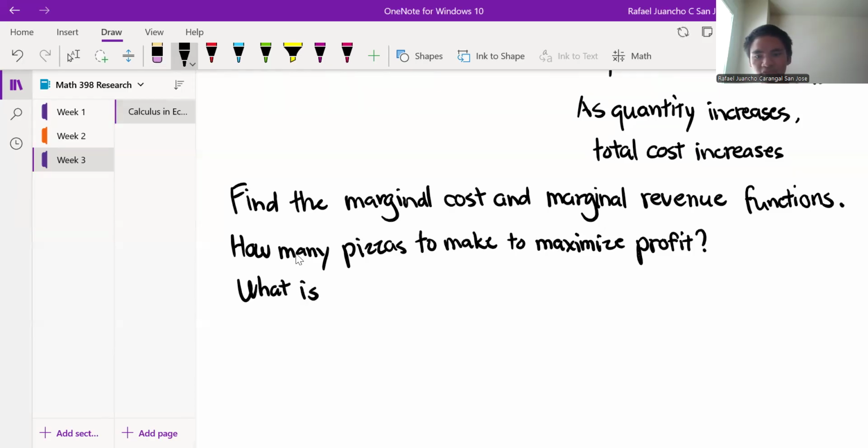So here we determined the quantity, right? How many pizzas to make in order to maximize profit. And if we were able to find how many pizzas we have to make, then what's the price of each pizza?